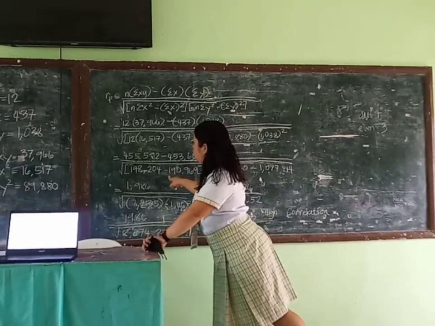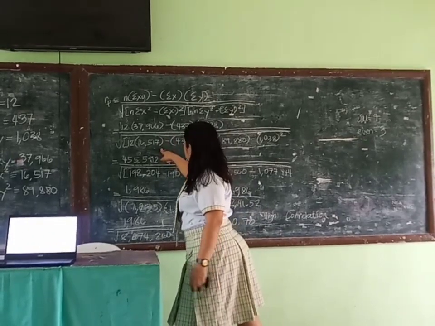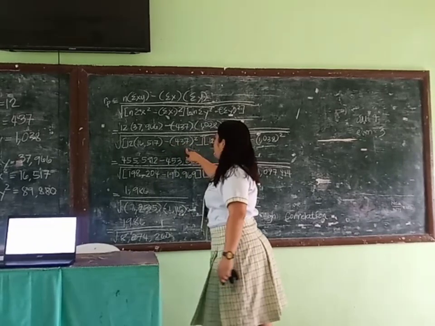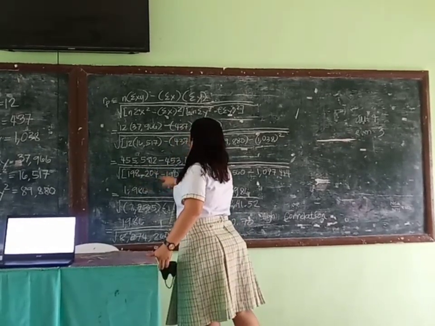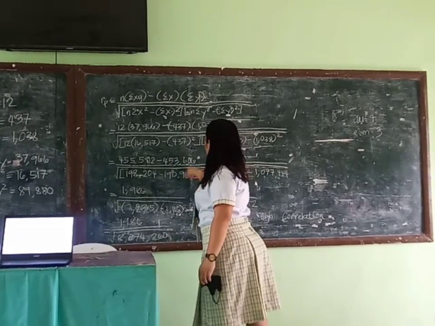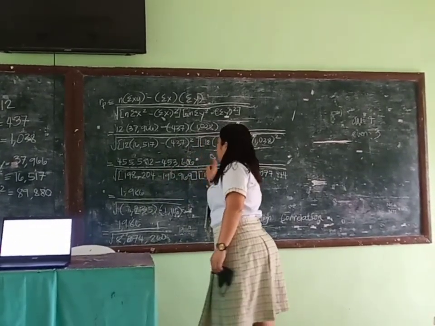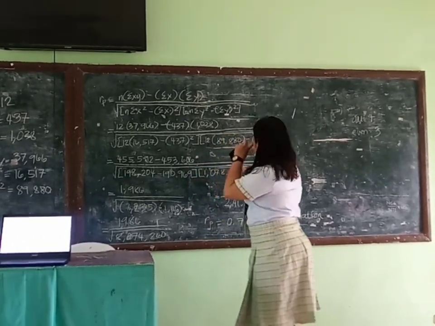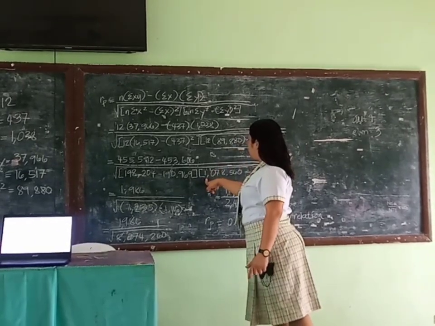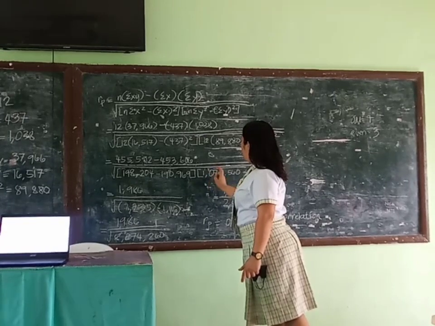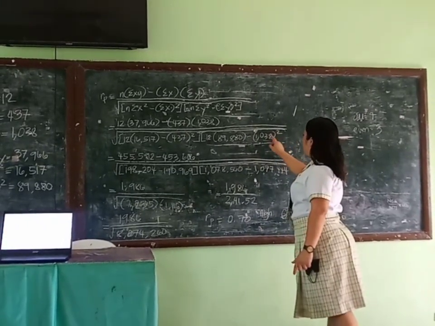Over the square root of 12 times 16,517 is 198,204, minus 437 squared, which is 190,969. Then 12 times 89,820 is 1,077,840, minus 1,038 squared, which is 1,077,444.